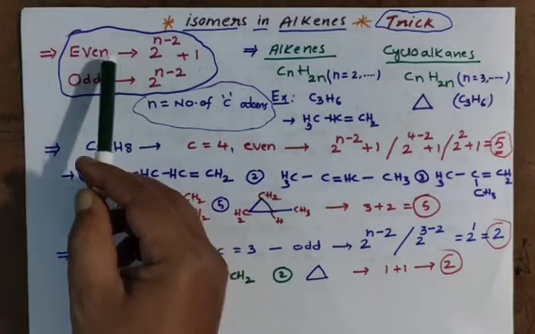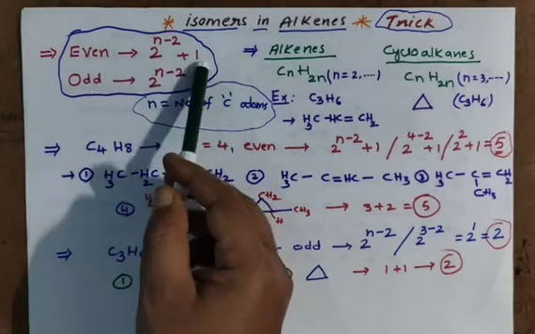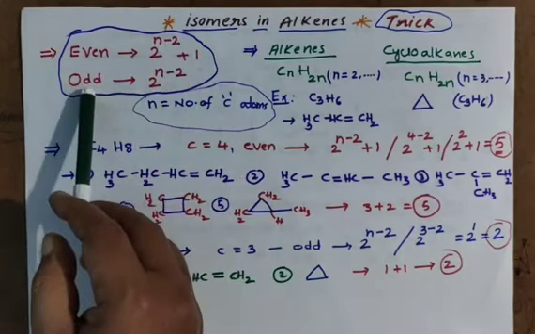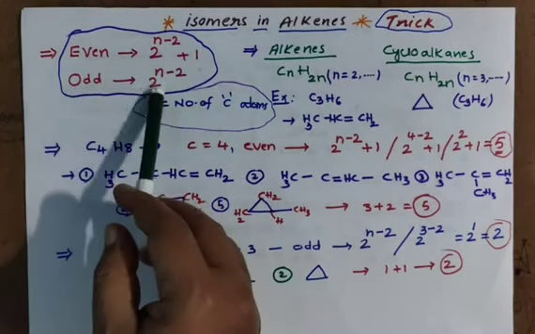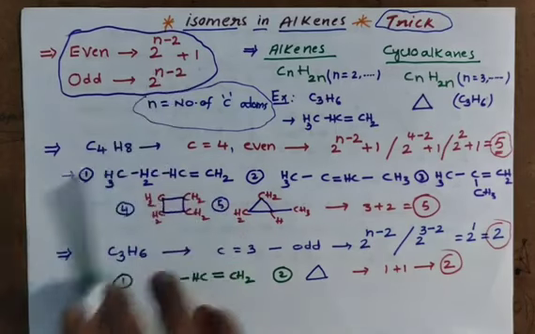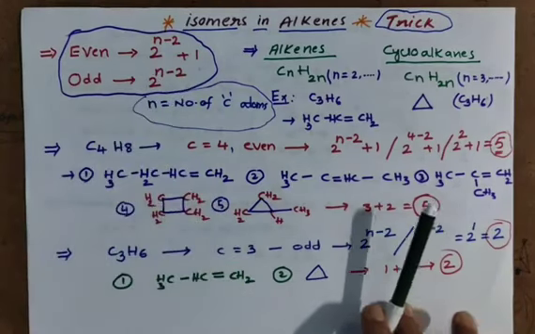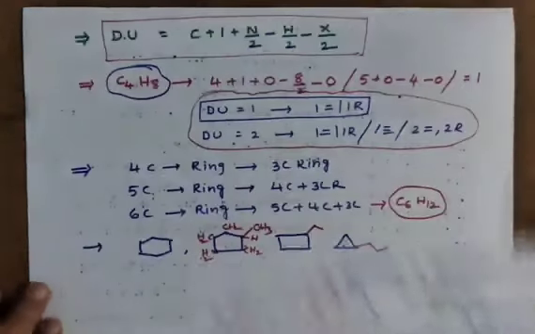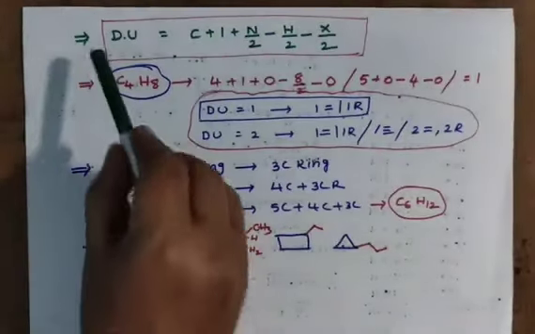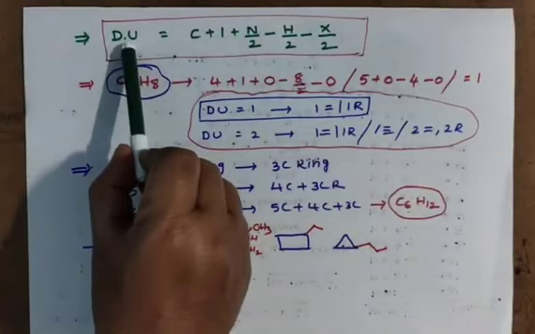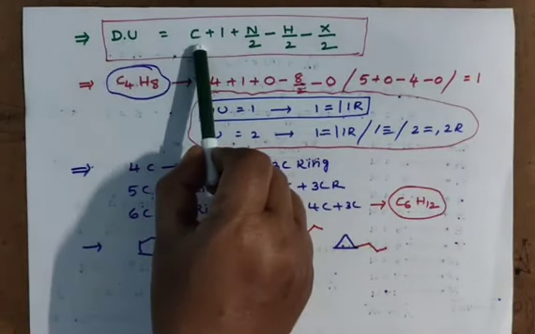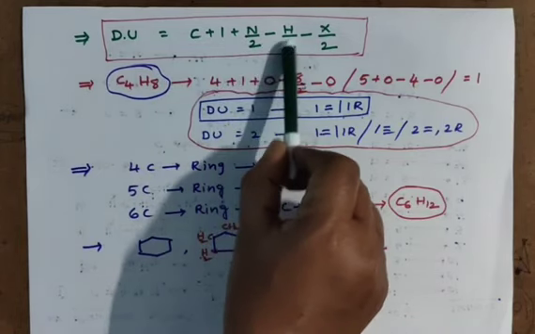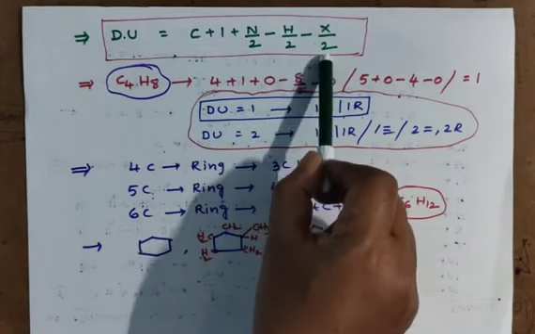Number of possible isomers for an even number of carbon atoms is 2 power n minus 2 plus 1. Number of isomers for an odd number is 2 power n minus 2. That you remember, no need for any cross checking. To cross check if unsaturation is there or not, remember degree of unsaturation equals number of carbon atoms plus 1 plus n by 2 minus h by 2 minus x by 2.